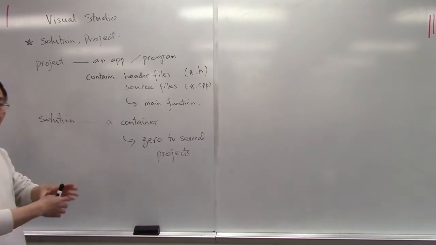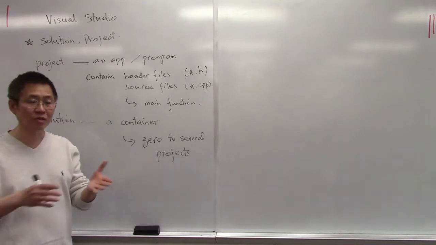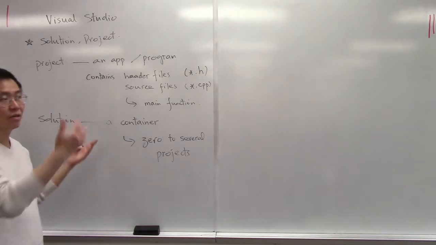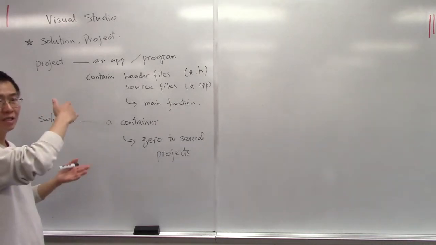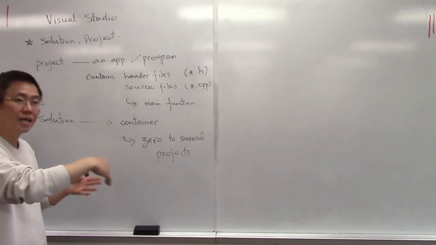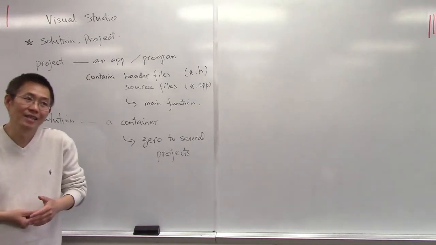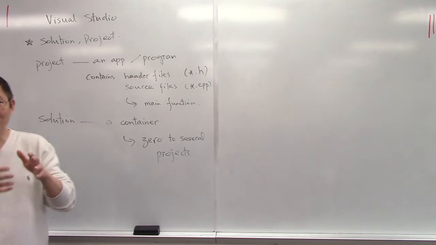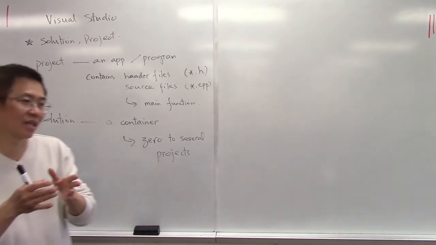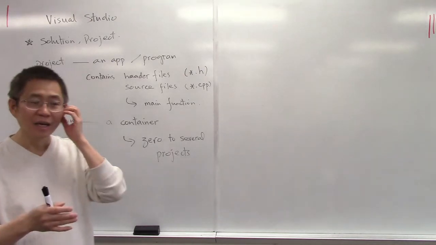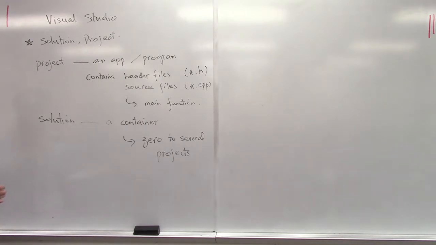So when you set up a new project, let's call it project 1, you will see a folder called project 1. Inside that, the solution is also called project 1, so you have a project 1 solution file with the .sln extension. And then you have a project also called project 1.cpp. So it's a little bit confusing here.